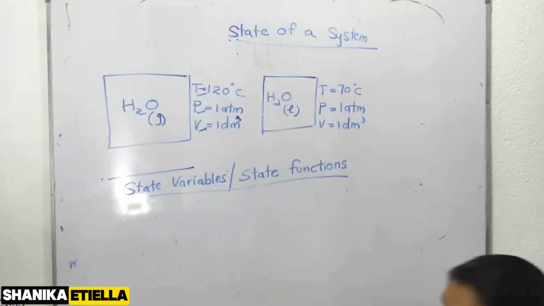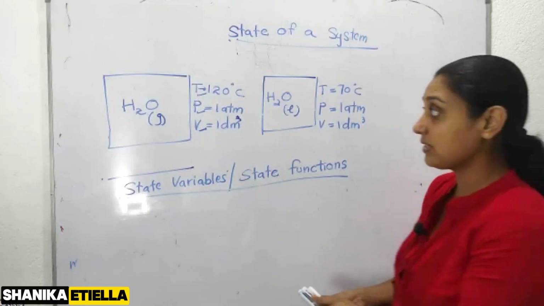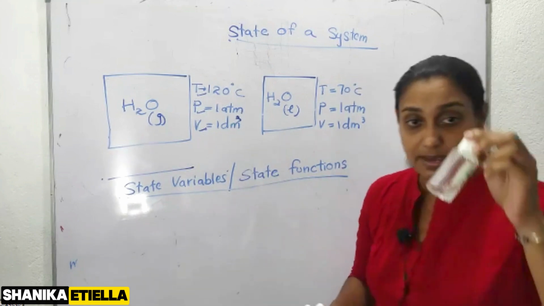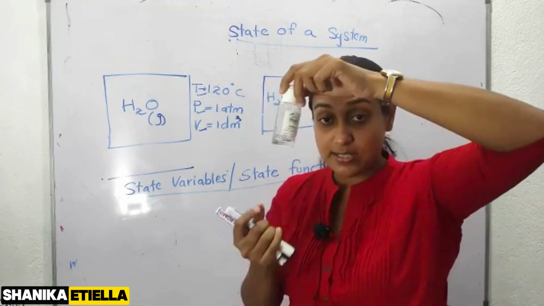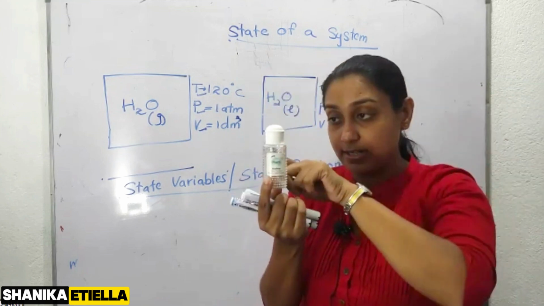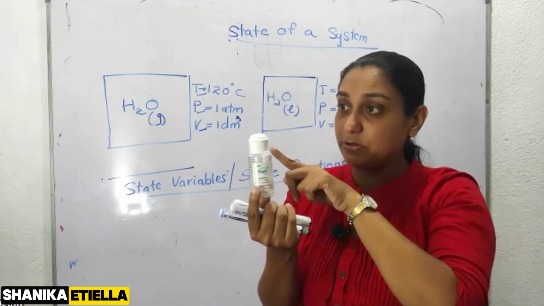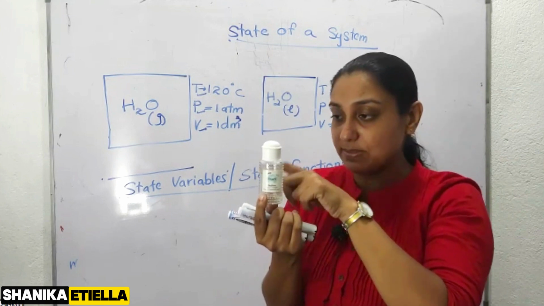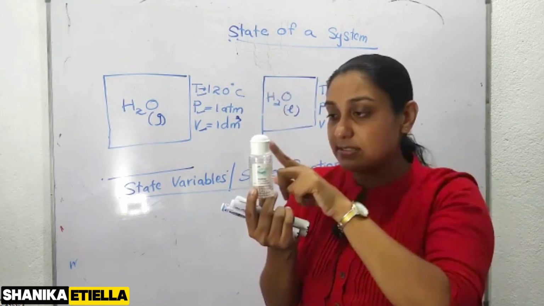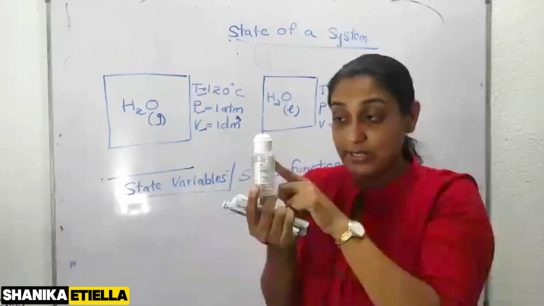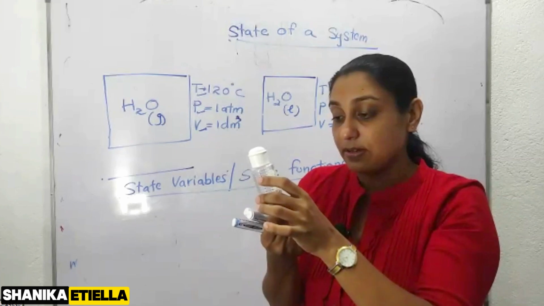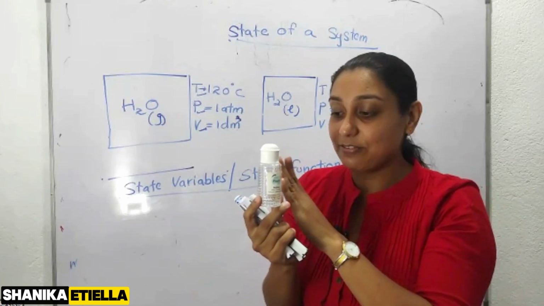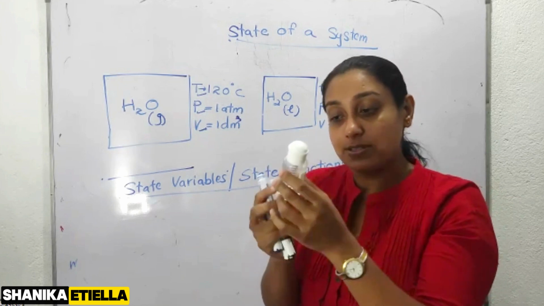Okay, I think now you got that point. What are the state variables? Those ones. If I need to describe this system here, I take 1 atm pressure, about 27 Celsius in the surroundings, and 100 milliliters volume, a closed system.